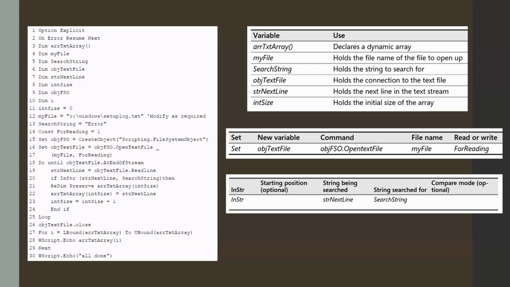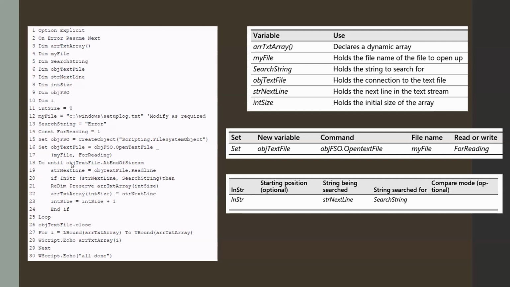Next, in the worker section, I'm going to set object FSO to create the file system object. Then I'm going to open the connection to that file by saying open text file and setting it to the text name and for reading. Then I'm going to do my looping.